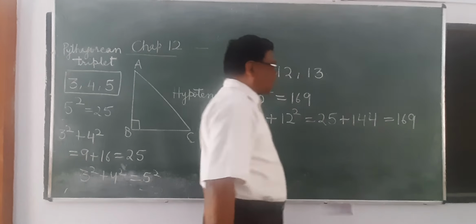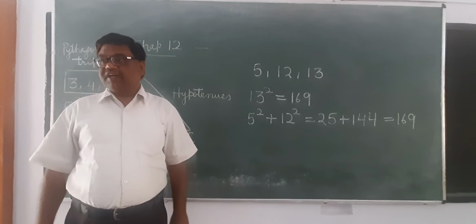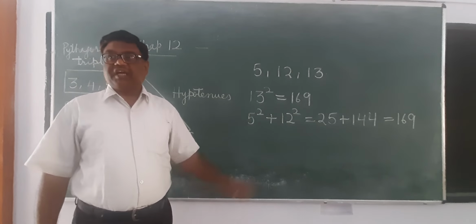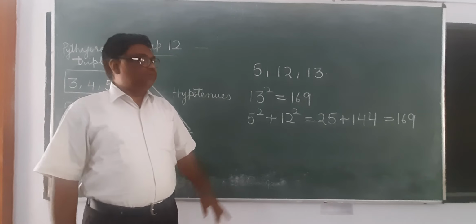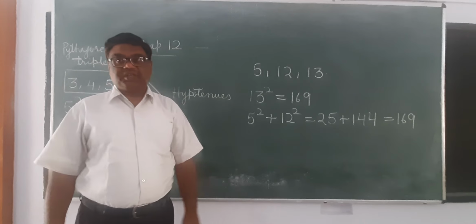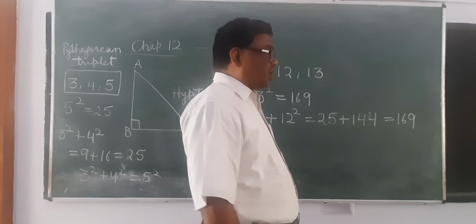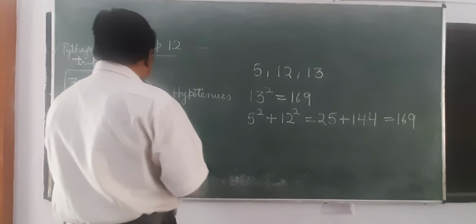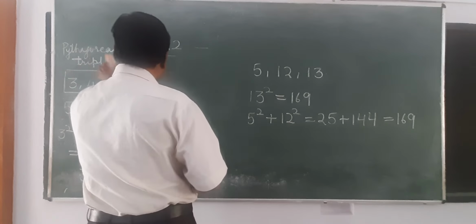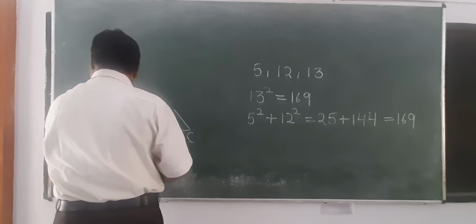And since both are equal, therefore these are the sides of a right angle triangle. Now which angle will be of 90 degree? The one which is opposite to 13. It's clear? So 5, 12, 13 are the Pythagorean triplet. Now see the question.